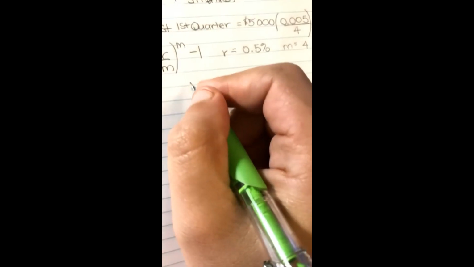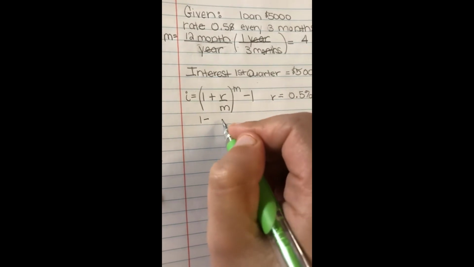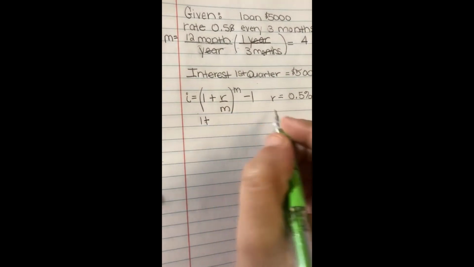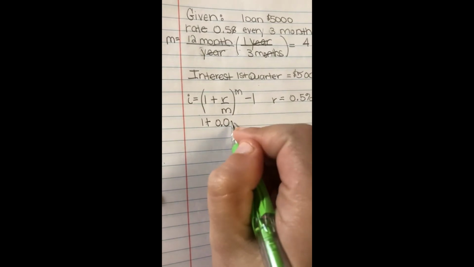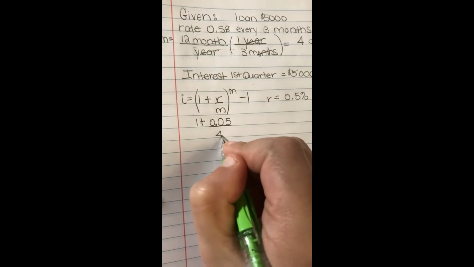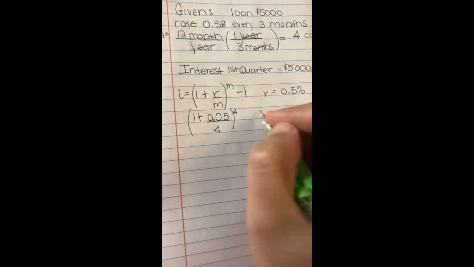Once you get that filled in, you end up with 1 plus that, to the 4th power, minus 1.